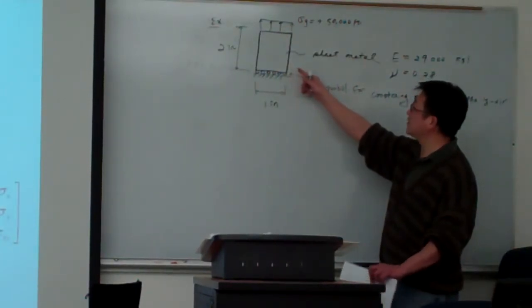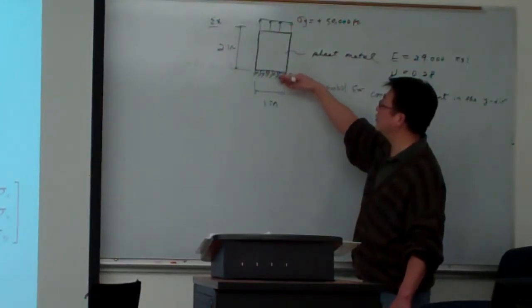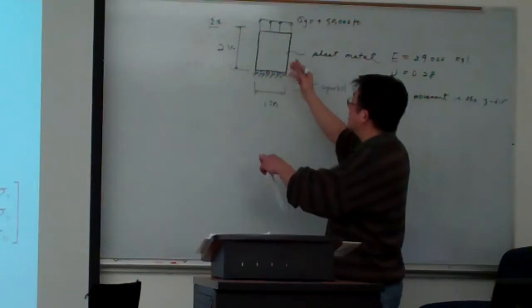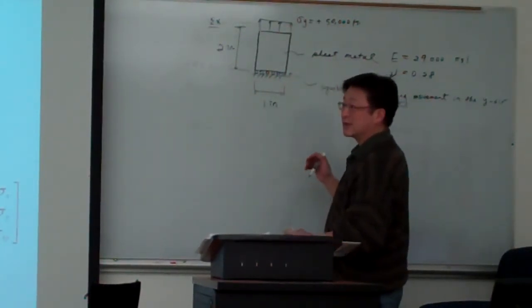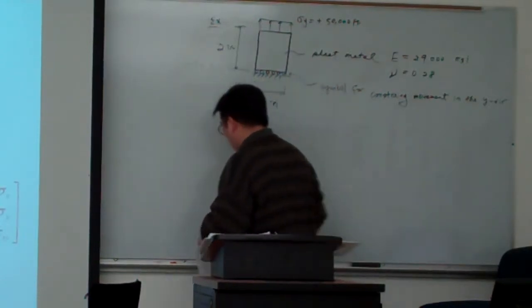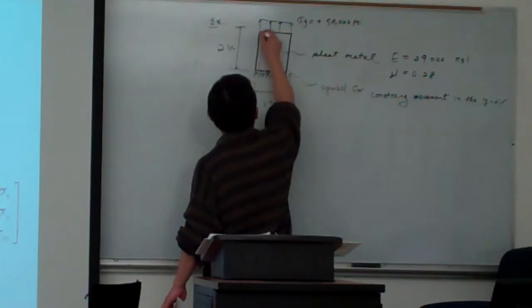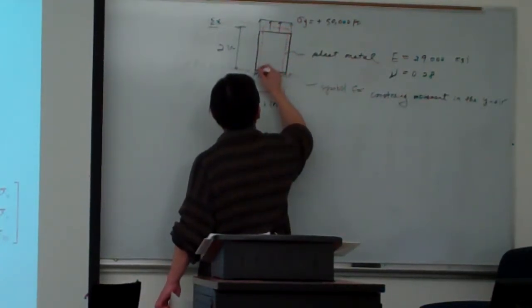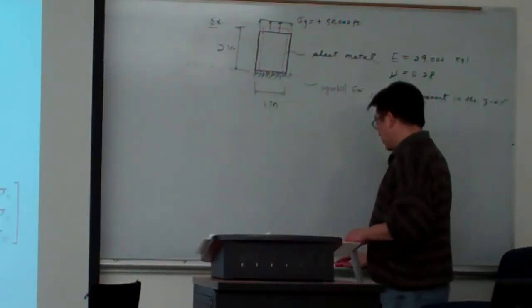So this model is like this: the bottom side won't move away from the ground, but because of stretching, the material is allowed to shrink freely in the x direction. That means the deformation would look like this. This is the final deformed shape.